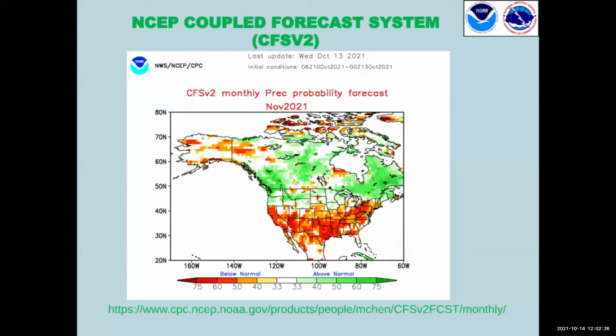So basically for the month of November, is there a chance of above or below normal precipitation? You can also look at temperature, but what this is indicating is a below normal projection for November precipitation for California, and slightly above normal for the Pacific Northwest.